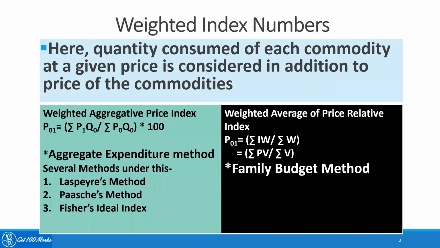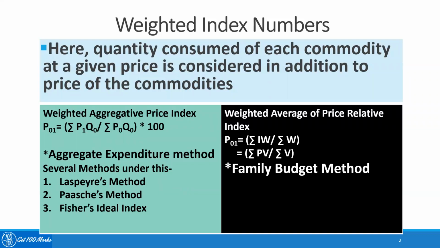Weighted index number: the quantity consumed of each commodity at a given price is considered in addition to the price of the commodities. So far, we have discussed the simple aggregative method or simple average method, where we were not using the quantity in the calculation.